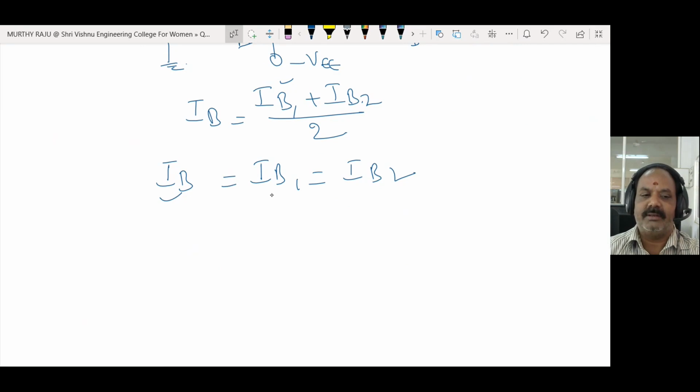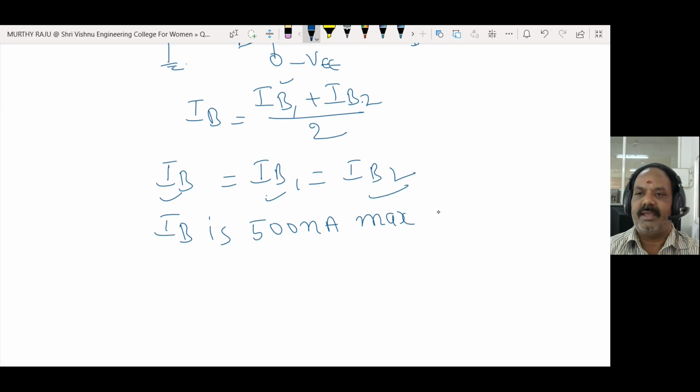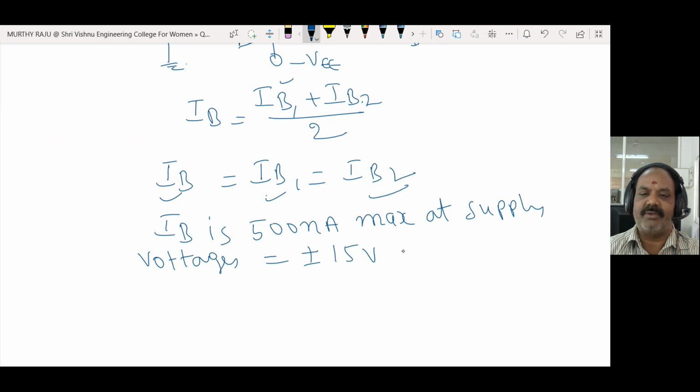The two input currents are IB1 and IB2. Therefore, IB is equal to IB1 is equal to IB2. Generally, input bias current IB is 500 nanoamperes maximum at supply voltages equal to plus or minus 15 volts DC for a 741.